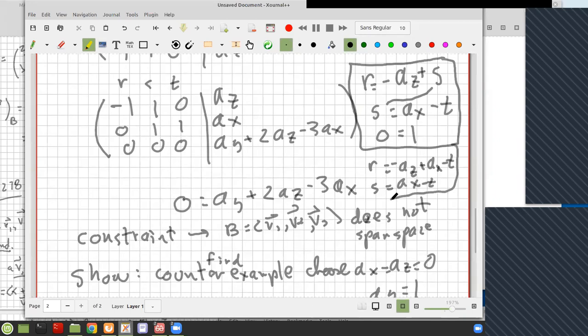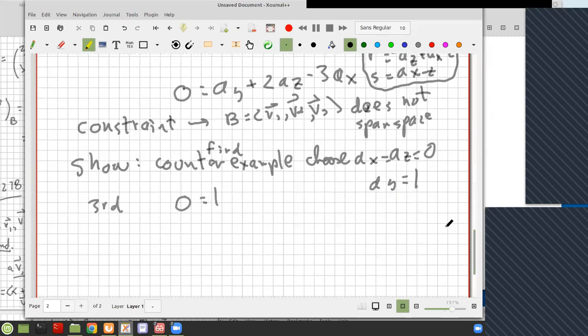So there we've solved for the leading variables R and S in terms of the free one. So I choose any t I want, and I get R and S. And no matter what I choose, this is always a contradiction. So I can never make that true. That's always false. Therefore, there's no way to choose R, S, and T.